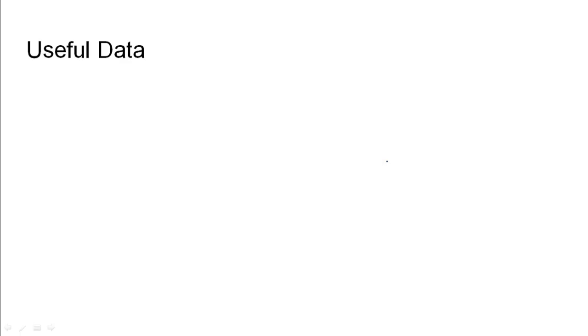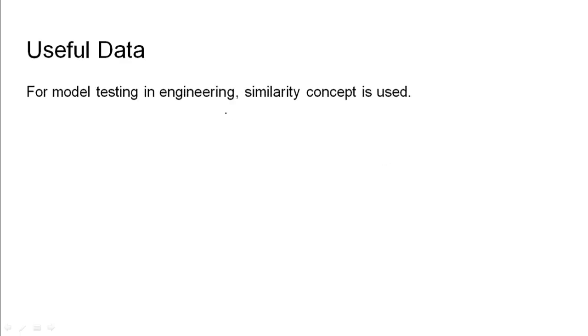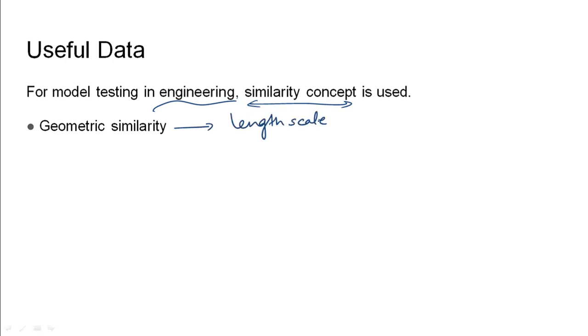Coming to the useful data, for model testing in engineering, we use the concept of similarity. Usually there are different concepts of similarity that are used. The first one is geometric similarity. Here the length scale should be similar for both the model and prototype. Another concept is kinematic similarity, where we use the length scale along with the time scale.